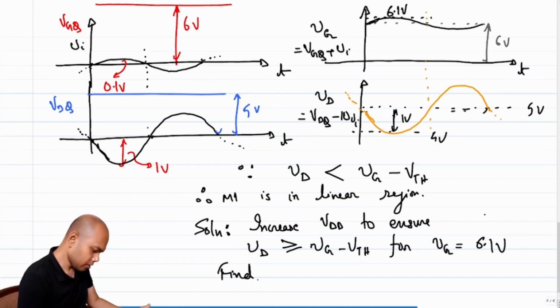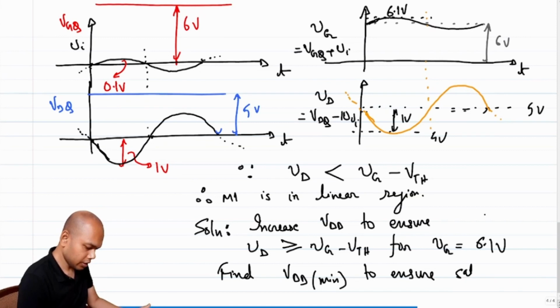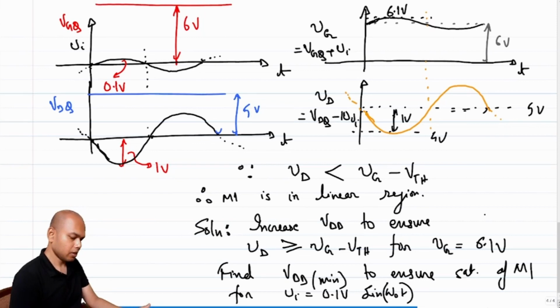Find VDD to ensure saturation of M1 for Vi equal to 0.1 volt sine omega naught t, right?